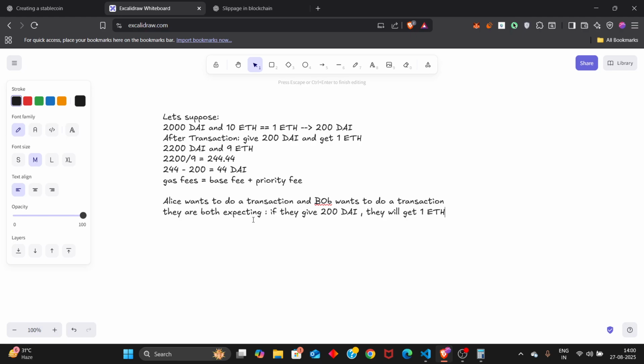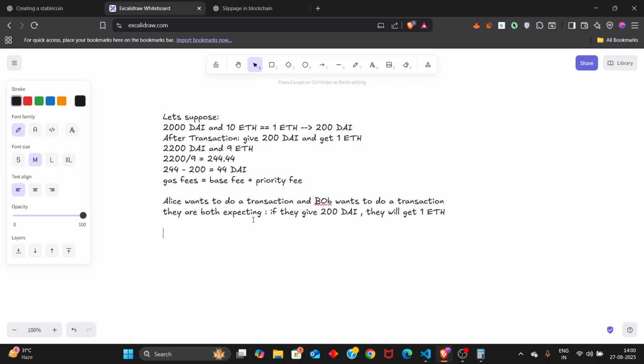If they give 1 ETH, they will get 200 DAI. But let me tell you, this will not get executed that way. Why? Because Bob will get a lesser amount, because the priority fee of Bob's transaction is lesser than the fee of Alice's transaction.